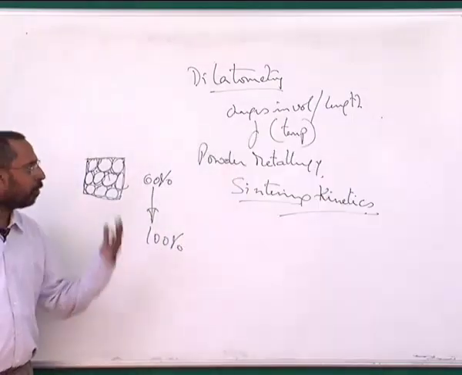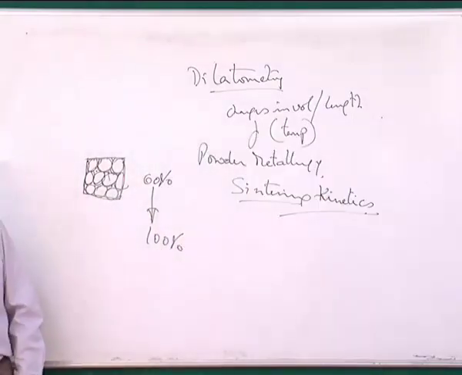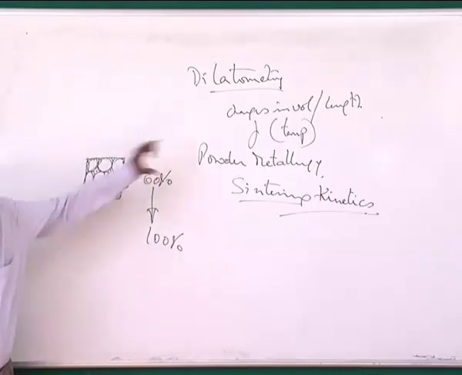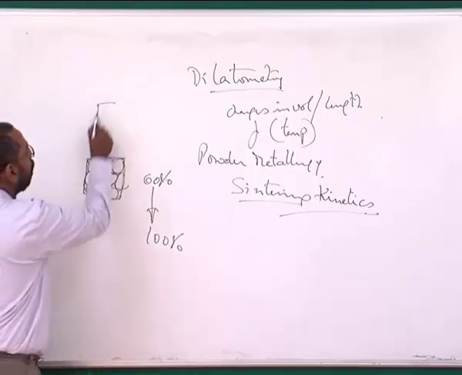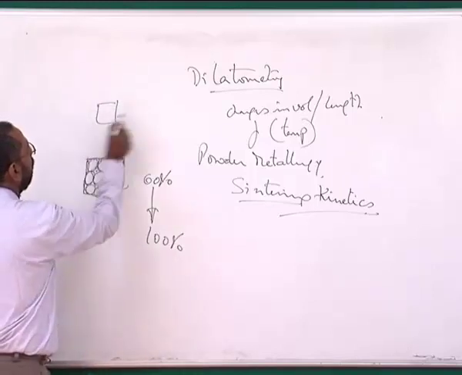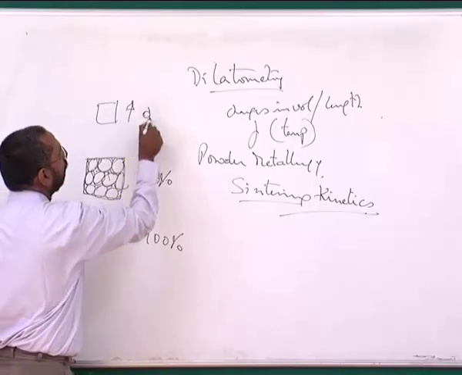So most of the people who are working with powder metallurgy regularly find out what should be my sintering temperature. I simply take such a green compact, put it into a dilatometer, where you take a small compact and heat it at a particular heating rate, dT by dt.